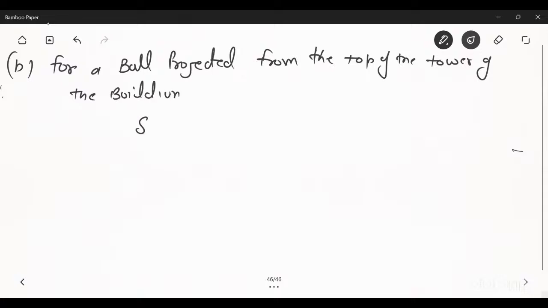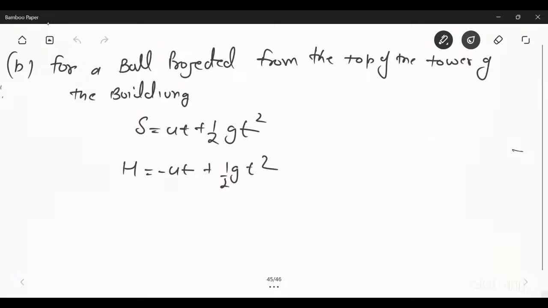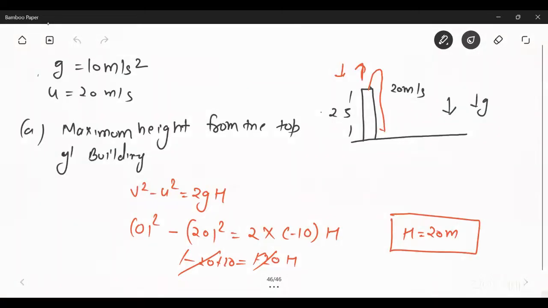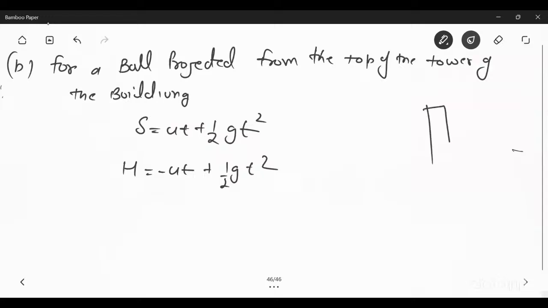In this case, we know that S is equal to UT plus half GT square. So the value of S is minus H, which is minus UT plus half GT square, because the ball is thrown upward and gravity acts downward. So height is 25, U is 20 into T plus half 10 into T square.